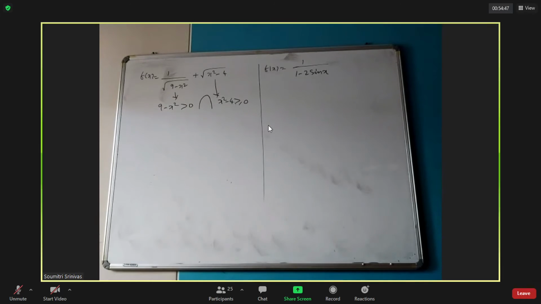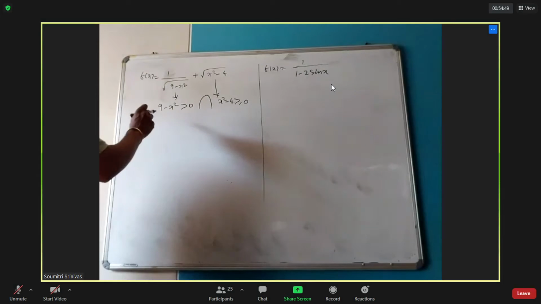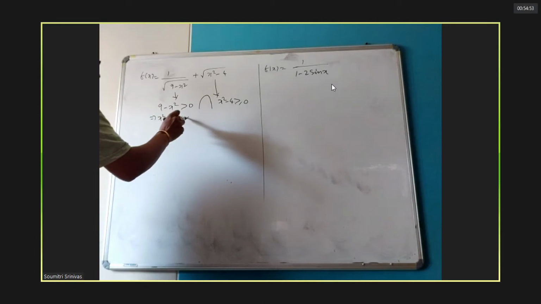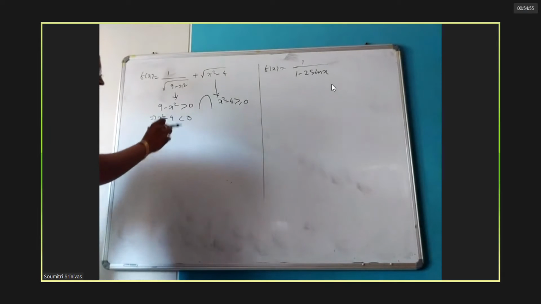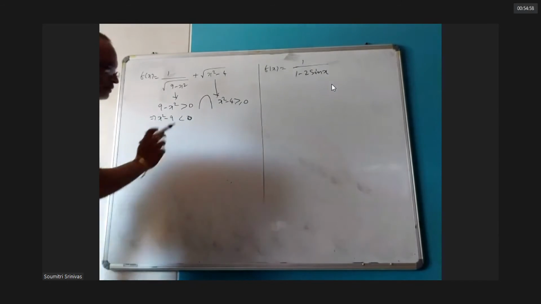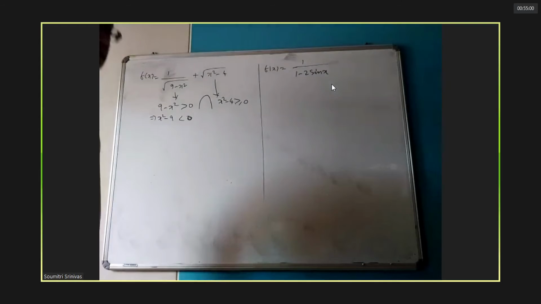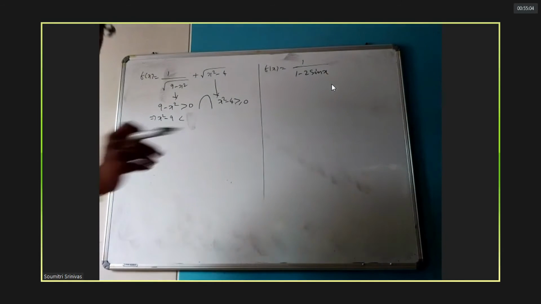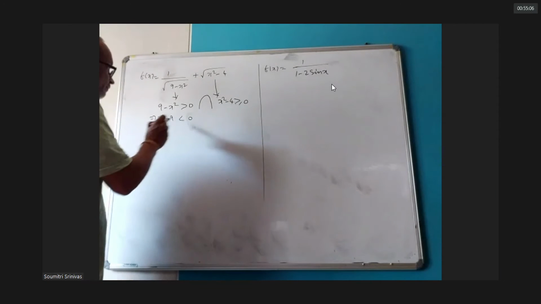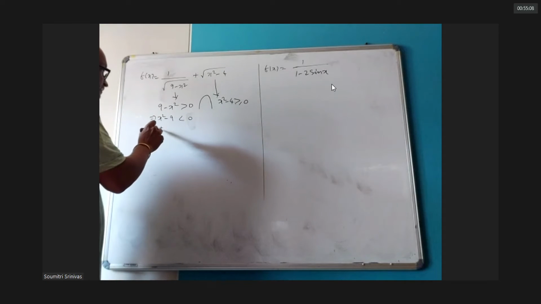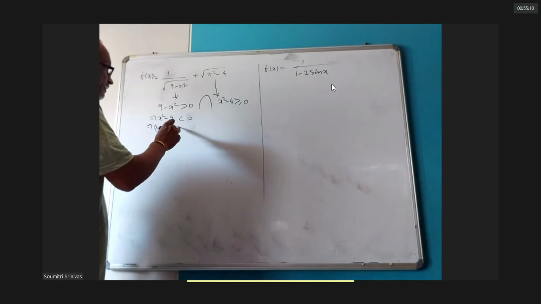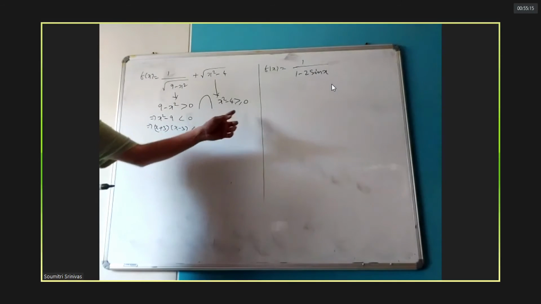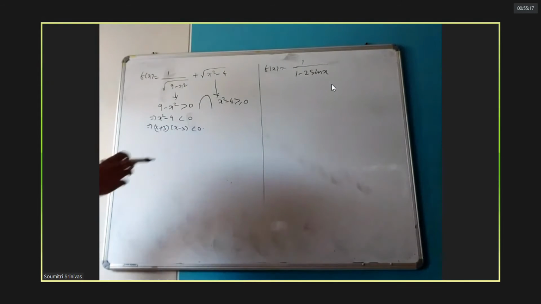When is first one जिंदा? X square minus 9 less than 0. Agreed? Multiply by minus sign. X plus 3 into x minus 3 less than 0. इसको नंबर लाइन फिर दोनों का इंटरसेक्शन.